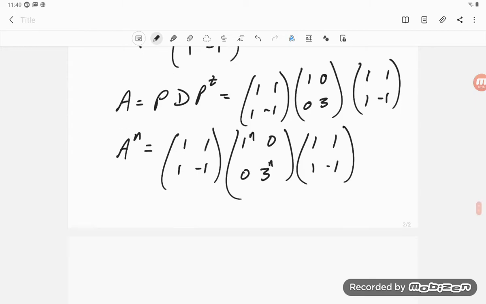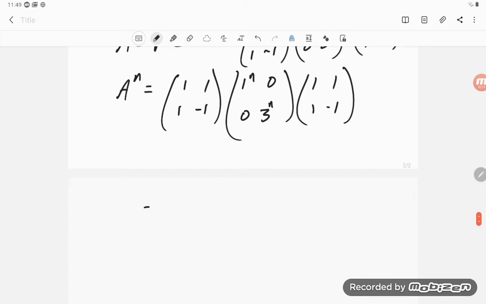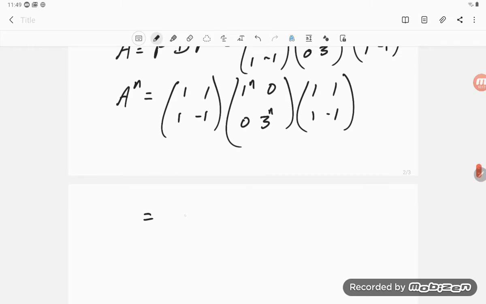And so I'm going to multiply this through. The 1, 1 times 1, 0, I'll just get 1. And 1, negative 1 times 1, 0, I just get a 1. And then we'll get a 3 to the n and a negative 3 to the n times 1, 1, 1, negative 1.